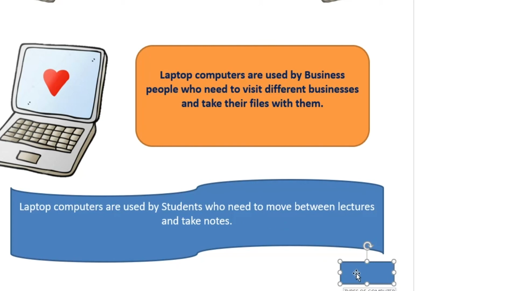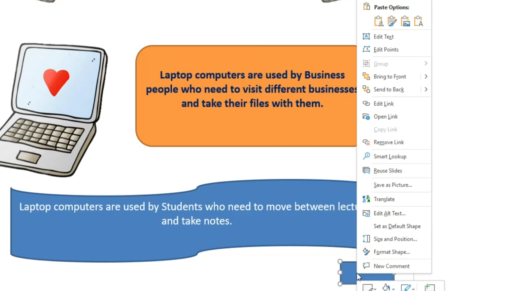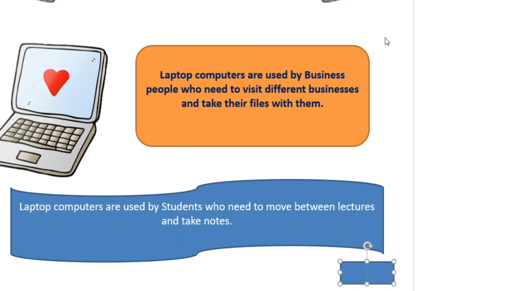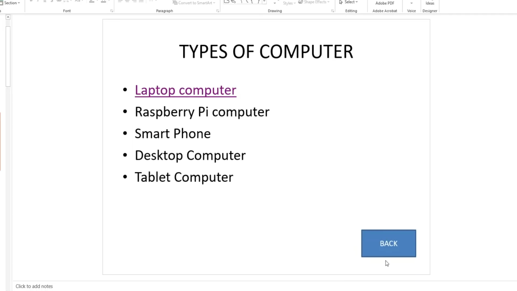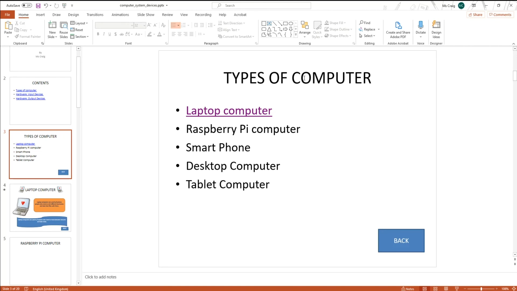And now we've got one more thing to do. We can right click on it and edit text, and we want to type back in capital letters into this. Perfect. And then hold down Control to your finger, you get your wee hyperlink finger, then click, and it will take you back to your types of computer.